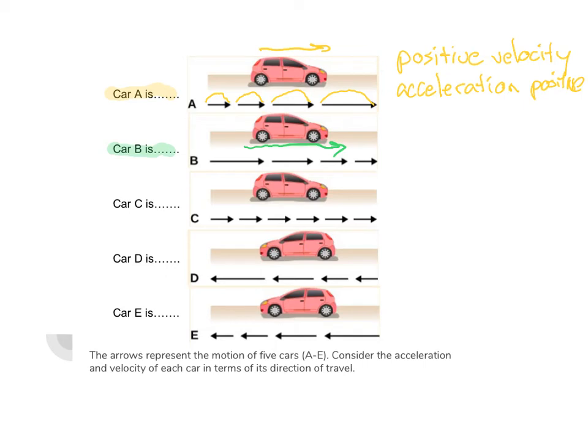It is moving with a positive velocity. However, because our arrows are getting smaller, our acceleration is in the opposite direction. Acceleration is negative.